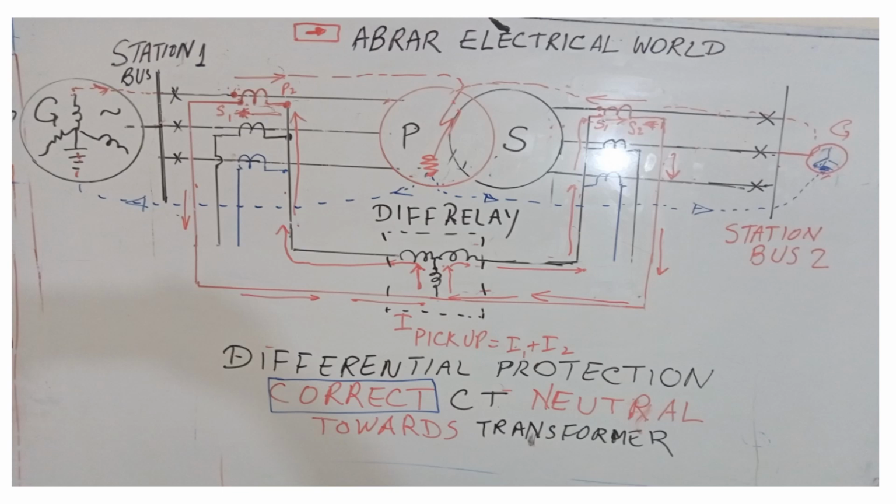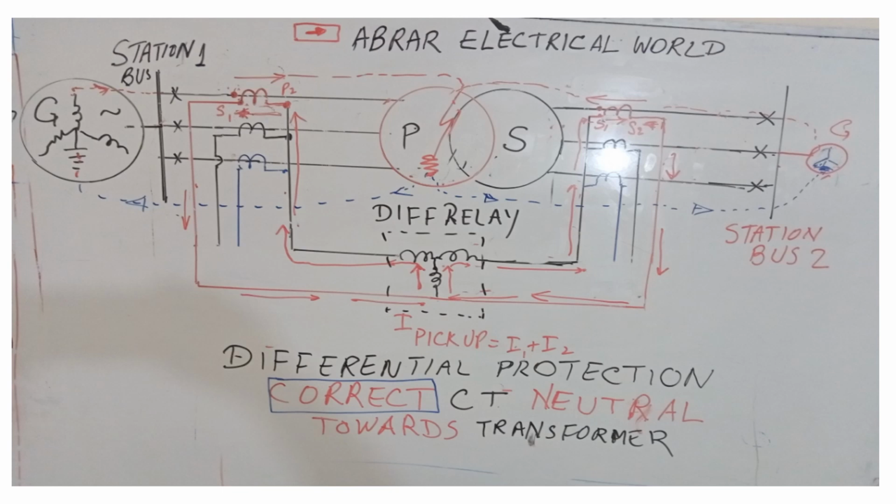Similarly, what will happen here? Now the direction is like this, left to right. The current in the secondary will be from right to left, from S1 to S2, and then it will come here, and it will go again into the relay coil and then return to the CT neutral.